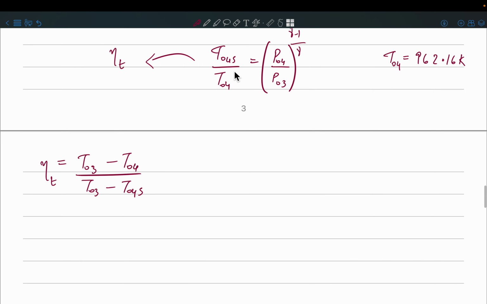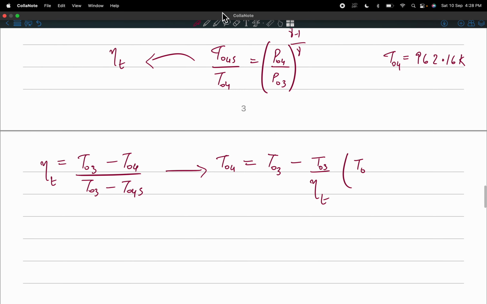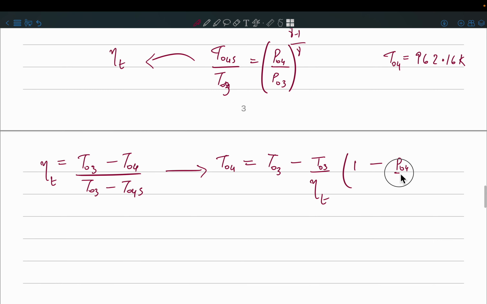Yeah. So now if you just plug in this value of T04S in terms of the pressure ratio of P04 by P03, you can rearrange and get that T04 is actually equal to T03 minus 1 by eta T into T03 times 1 minus T04S by T03, but that is nothing but P04 by P03 to the power of gamma minus 1 by gamma.